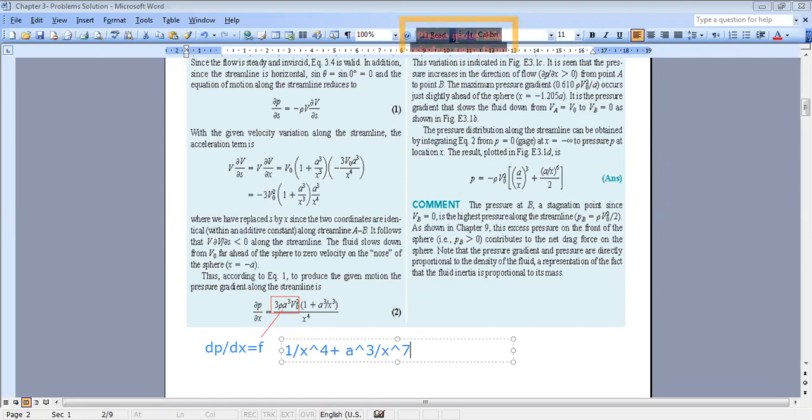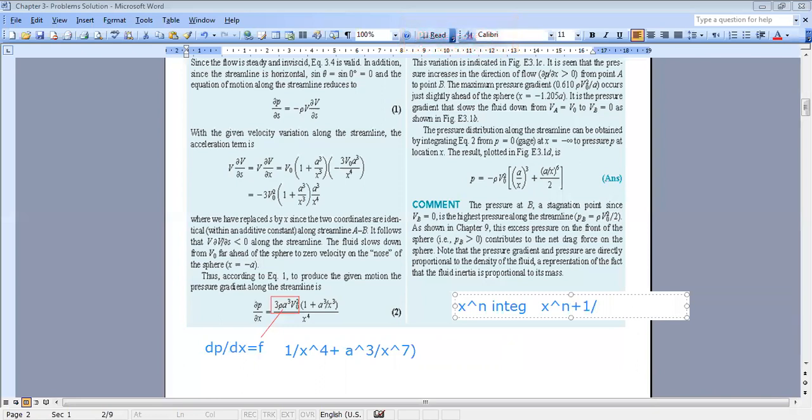And we know that to integrate a function, it's like here I have x to the minus 4 and here I have 3x to the minus 7. I know that if I have x to the power n, by integration, I get x to the power n plus 1 over n plus 1, okay?